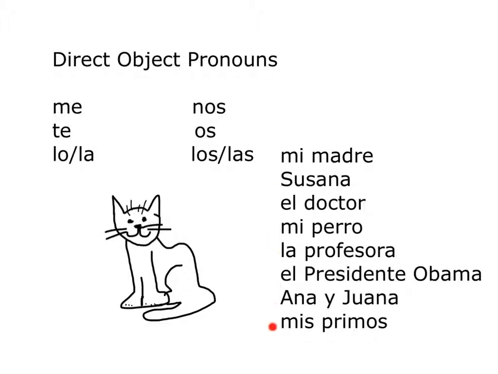Let's go through this list and find the best substitute, the best direct object pronoun to replace each one. Mi madre. It's okay to pause the video if you'd like more time. Mi madre, la, her. Susana, la, also her. El doctor, lo, him.